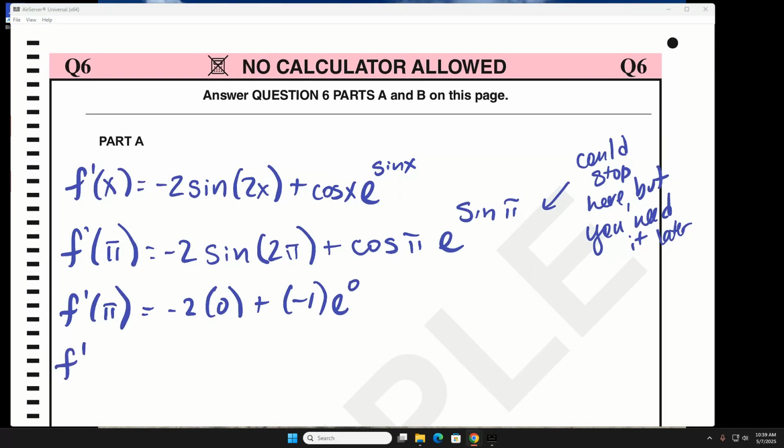What's e to the 0? 1, so this ends up being 0 minus 1, or just negative 1. Right, and so throughout this question, you're going to need to use f prime of pi, and when you do, you're going to use negative 1 for it. All right, don't underline it on your answer, though. Sorry. Don't underline or box anything.